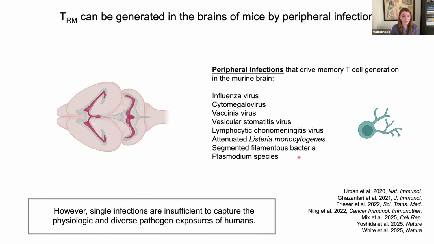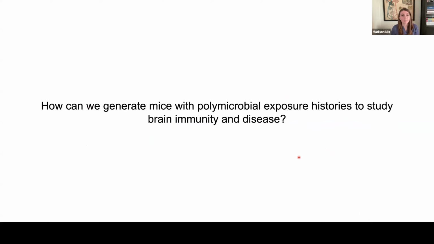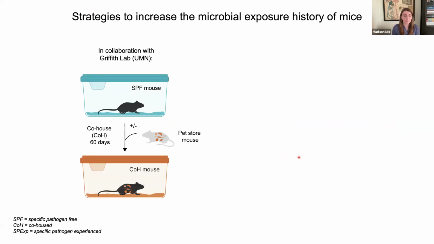But I think we can simultaneously appreciate that single infections on their own are very informative, but may be insufficient to capture the physiologic and diverse pathogen exposures that humans are going to have across their lifespan. And so the question that we were trying to address with this study is if we could generate mice with polymicrobial exposure histories and study facets of brain immunity and disease.